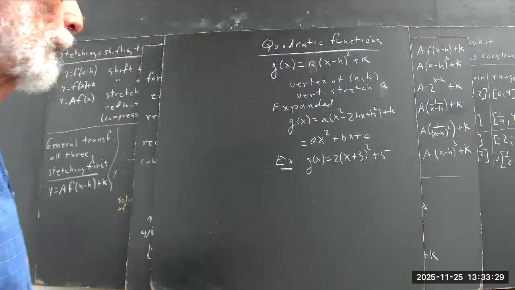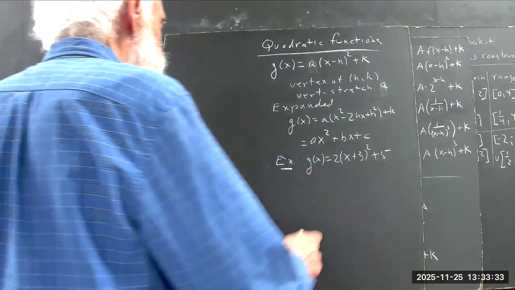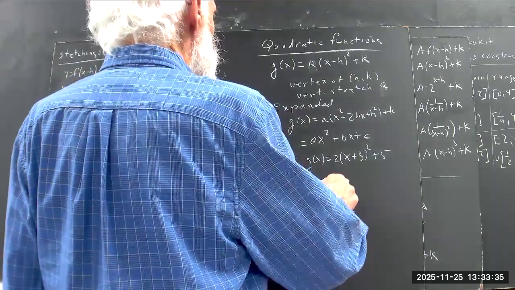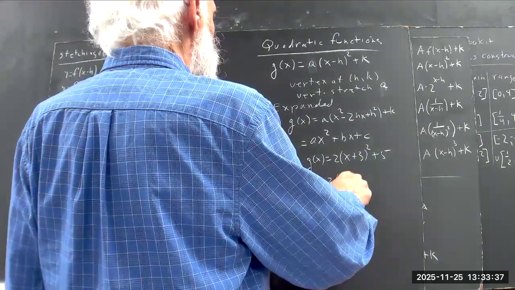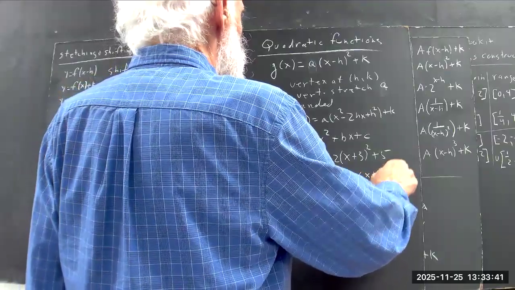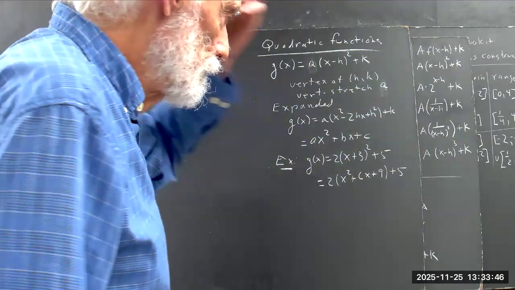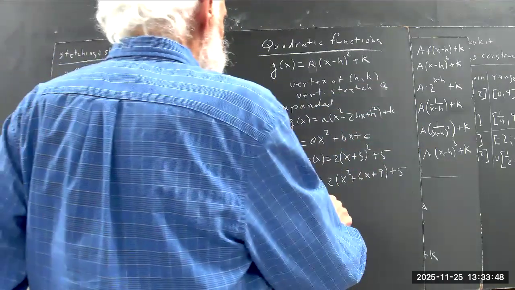G of x equals 2 times the quantity x plus 3 squared plus 5 is 2 times the quantity x squared plus 6x plus 9 plus 5.